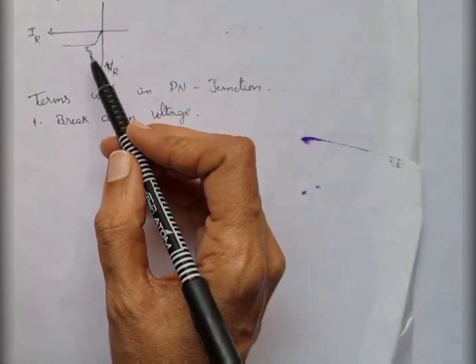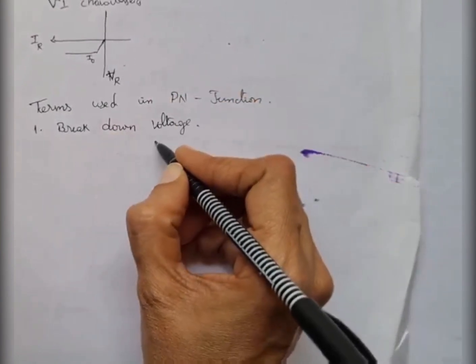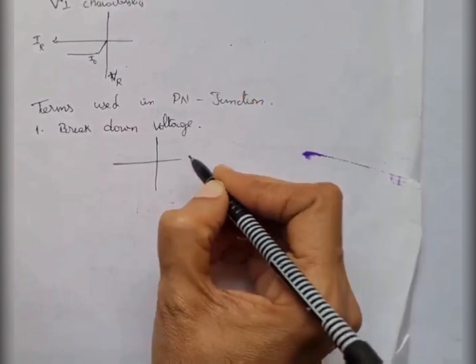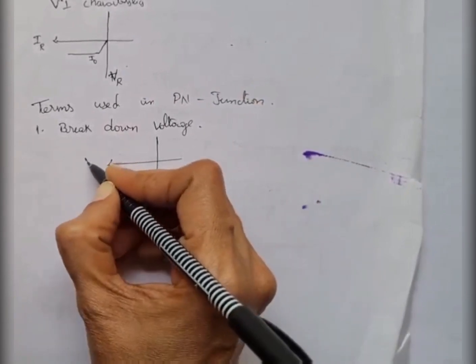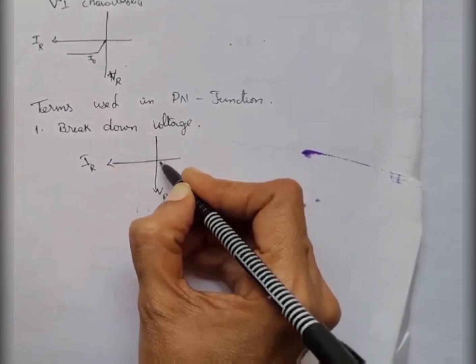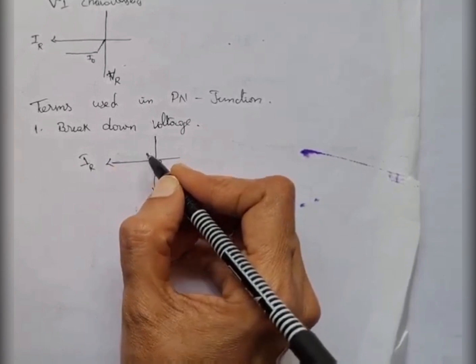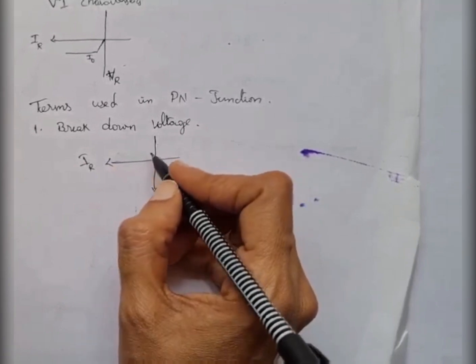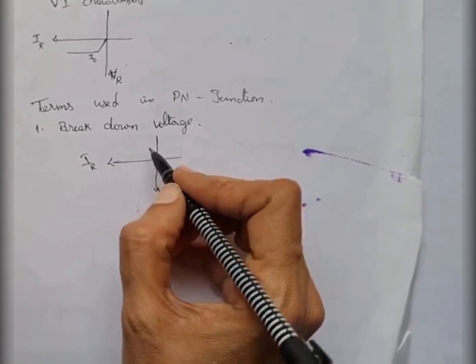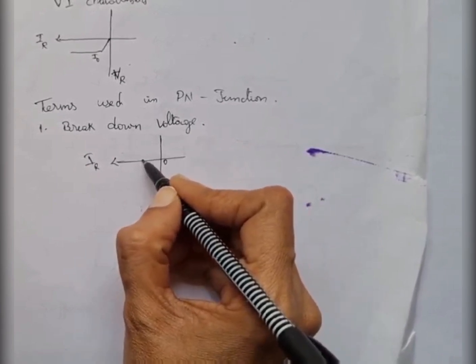We have already seen a reverse current, I reverse bias, V reverse bias. So here what happened? Avalanche of free electrons leads to the junction breakdown, with a sudden rise of reverse current.